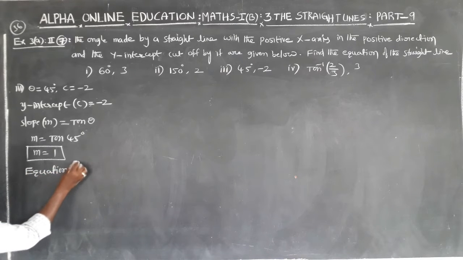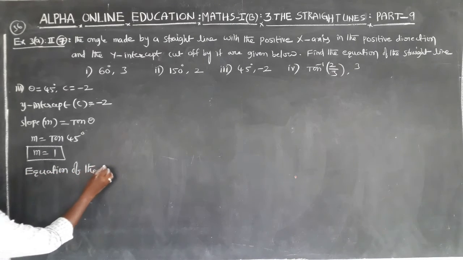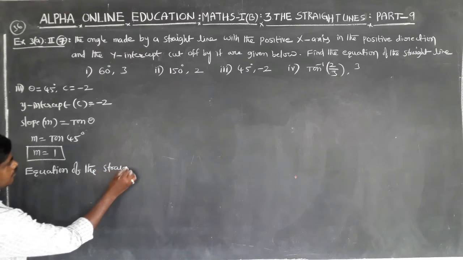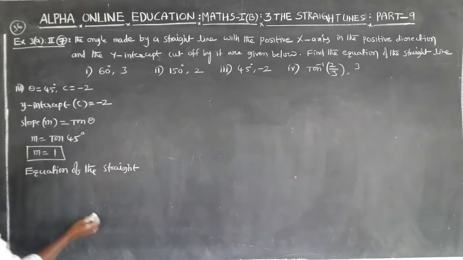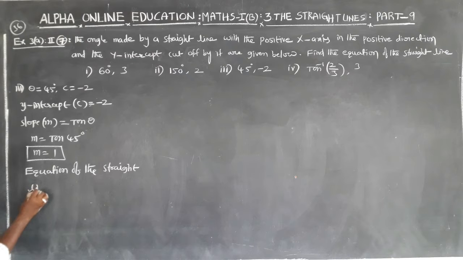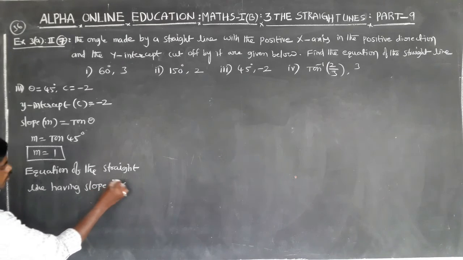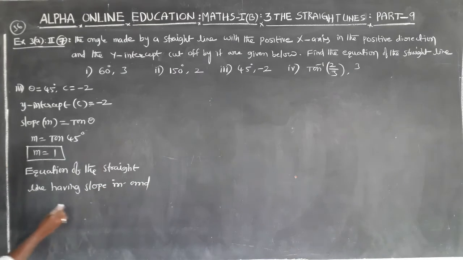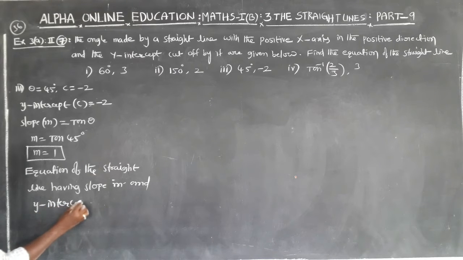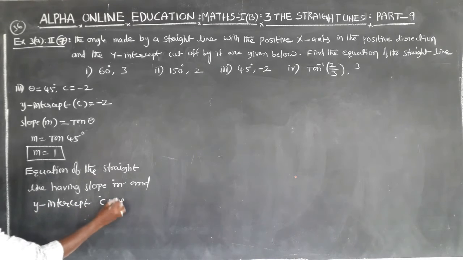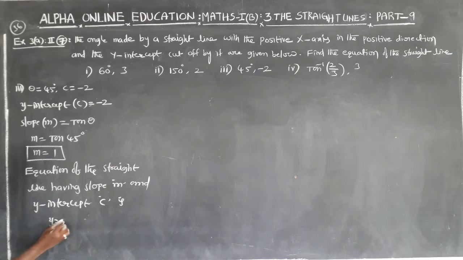Here equation of the straight line having slope m and y-intercept C is y is equal to mx plus c.